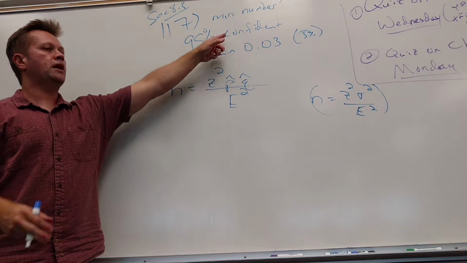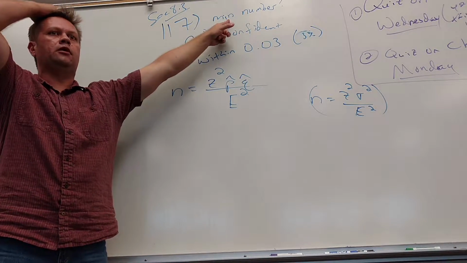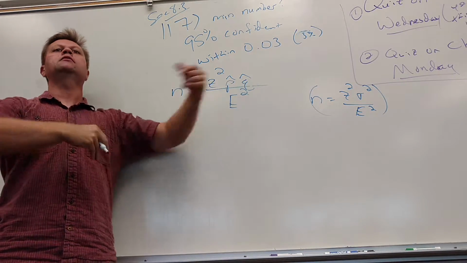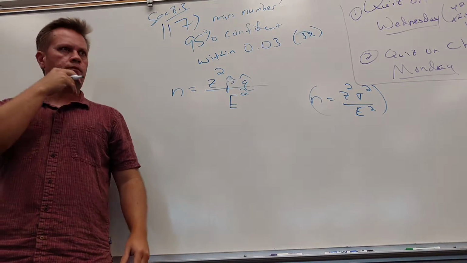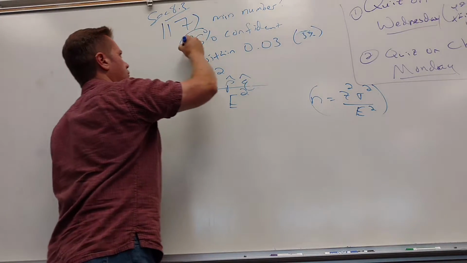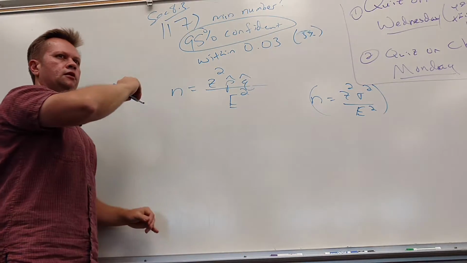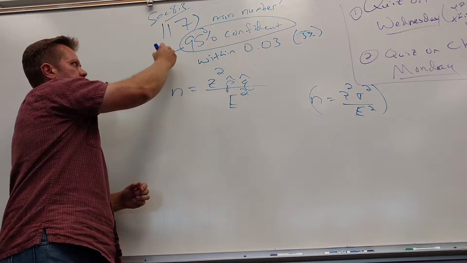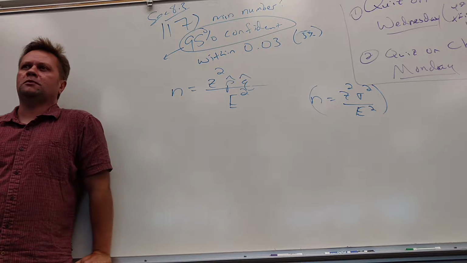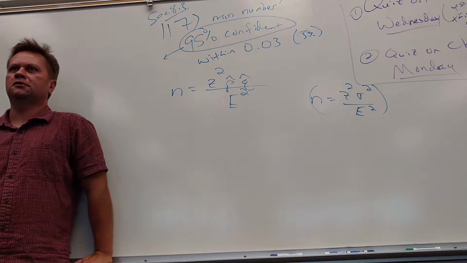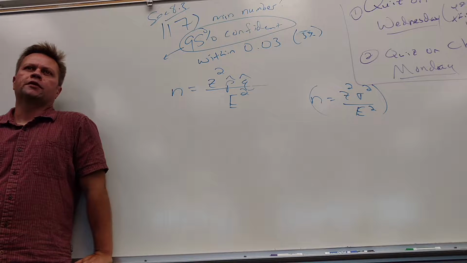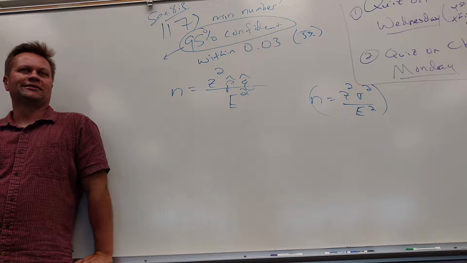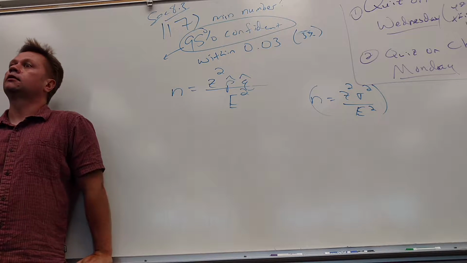So if they don't tell you what p hat and q hat are, but they want you to figure out the number, you're like, what? It needs p hat and q hat. 0.5, 0.5. So now you just have to look up the z-score for 95% confidence. Some of you might even start to know these z-scores just by looking at them, and that could be scary. What do you got?